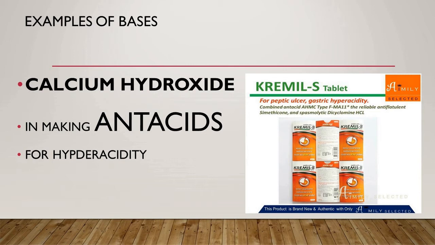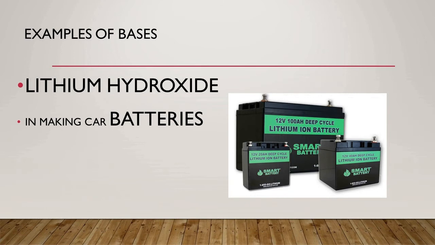It's a medicine used for peptic ulcer, gastric hyperacidity as indicated in its label. Next example is lithium hydroxide. This is another base used in making car batteries. If you can see the label there, the battery is lithium ion.